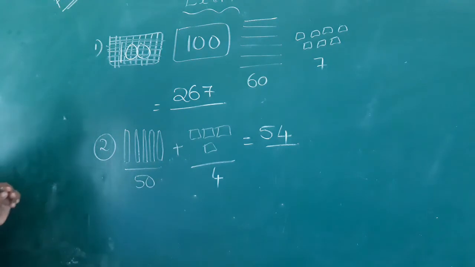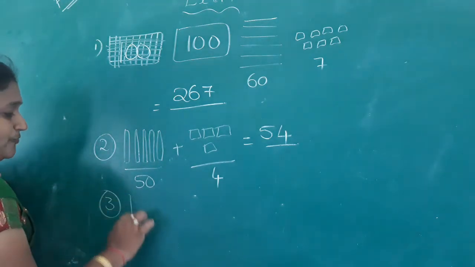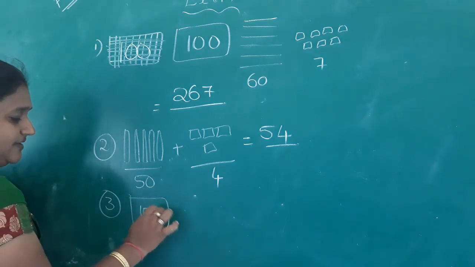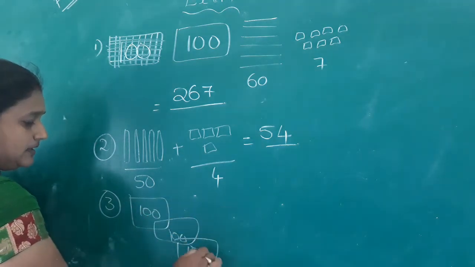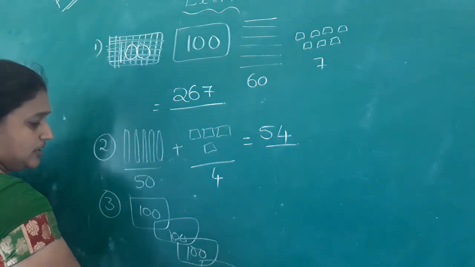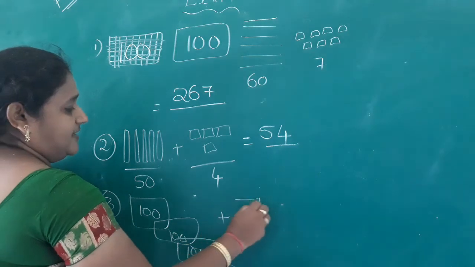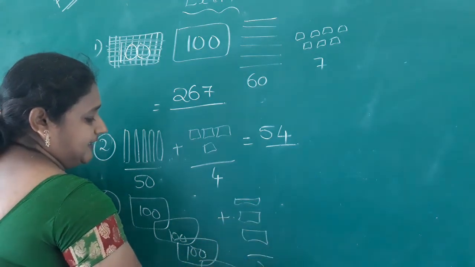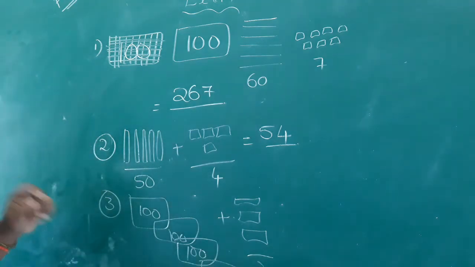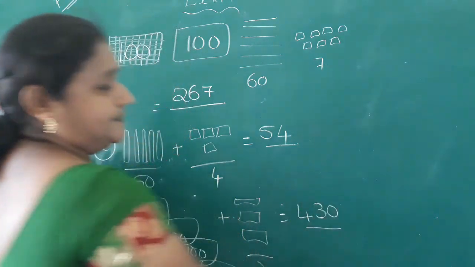Third one, 4 hundred boxes were given, children. And 3 ten spokes were given, 3 tens, 30. Here 400, 3 tens. Totally 400 plus 30, 430.